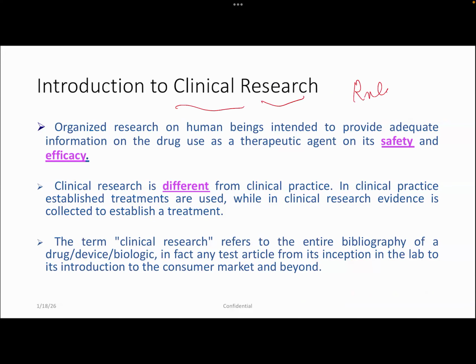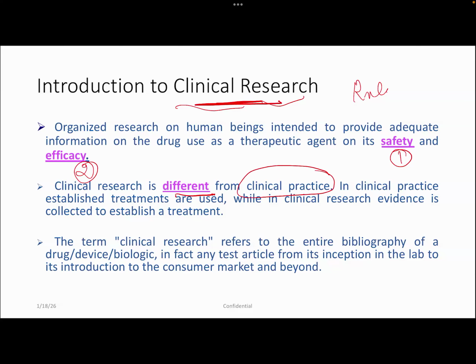In clinical research, we always answer two questions: one is safety and one is efficacy. It's the same as when you go to a doctor and ask, when will I get better, or is this treatment working? These are the two things we need to take care of. Whatever you discover in clinical research, you prescribe in clinical practice.